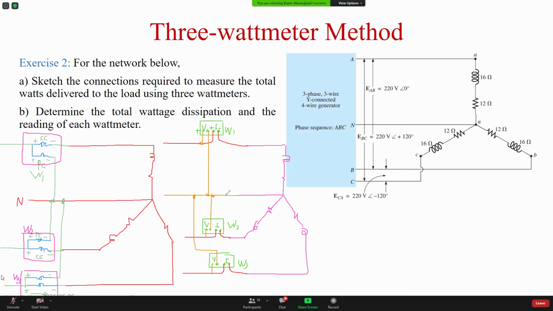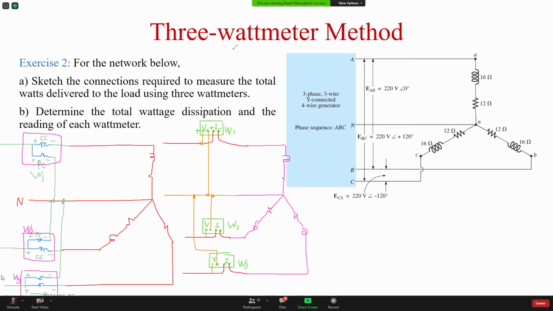Is connecting the 3 watt meters okay? There will be a question in the final: sketch the connection to measure the power using 3 watt meters. And maybe even in the lab test.